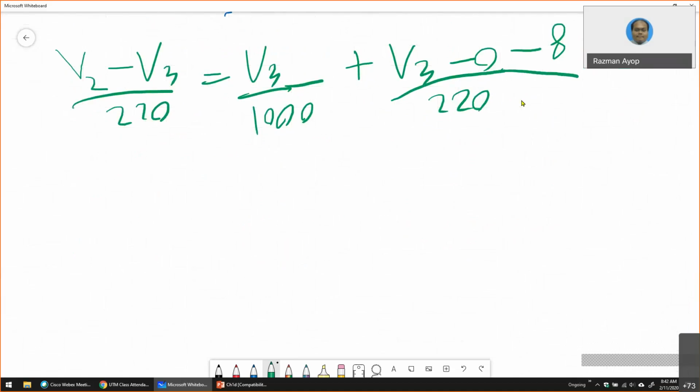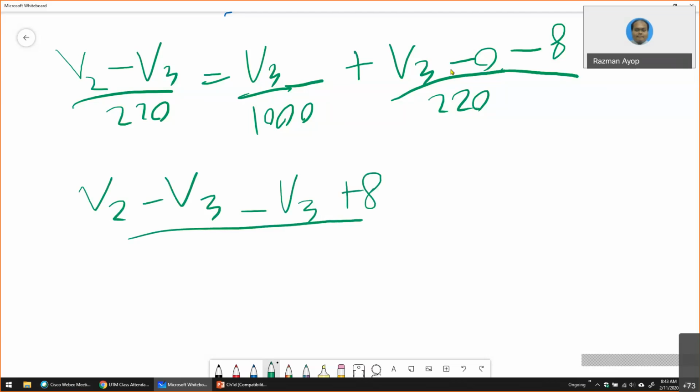So now you have to change it to standard form, because usually you express this is 1 mark. Okay, another 1 mark is you change it into a standard form. So also the same. So for this case, this one is the same. So V2 minus V3 minus V3 plus 8 divided by 220 equals to V3 divided by 1000.